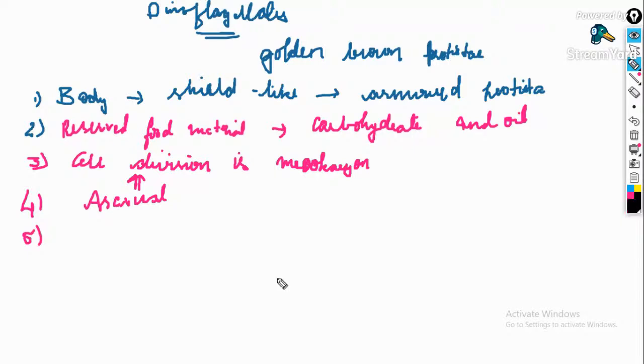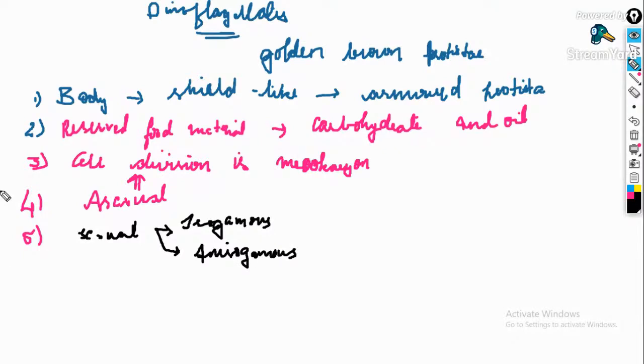Next important point, sexual reproduction is by means of basically isogamous and anisogamous. Is that clear? Isogamous and anisogamous.